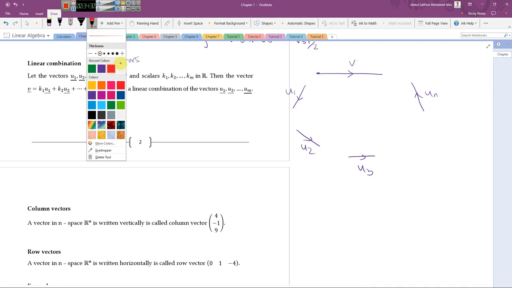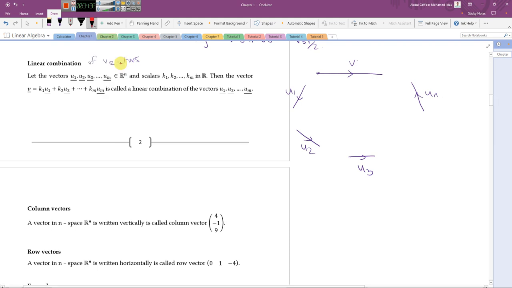If I start from the starting point of vector v, and draw a line parallel to u1, this will be something like this, and then again from here I have to draw a line parallel to u2, and then from here a line parallel to u3 and all the way to the rest of the vectors, and then finally if I draw a line like this, right?